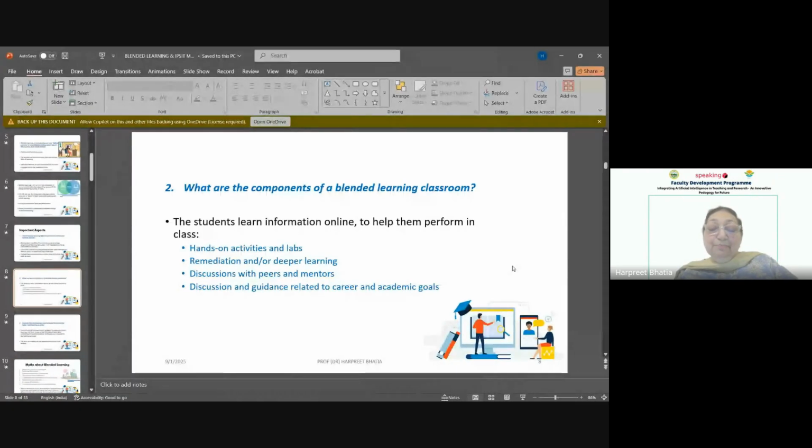goals? This is a very important aspect, because in my experience, I have seen that the students, after joining, quite a few of them, some of them, of course, are quite sorted, but there are quite a few students who don't know what they are going to do after they've done their graduation.